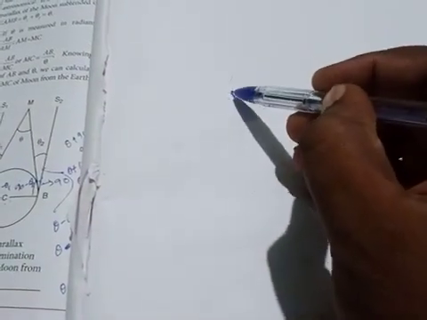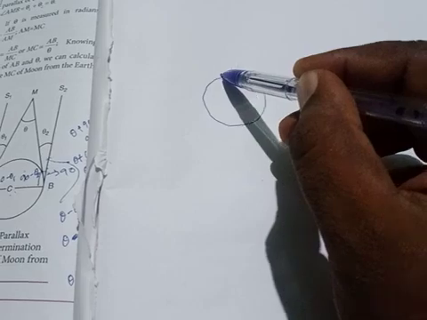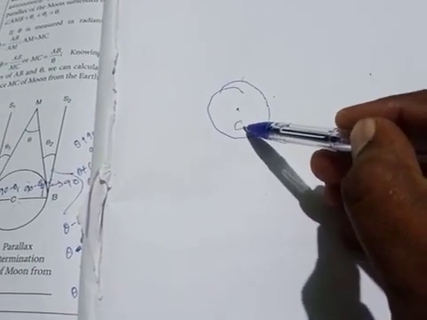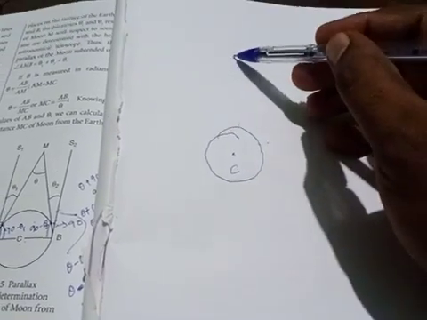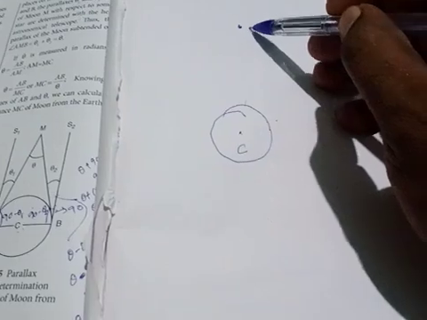Assume that this is the earth, and the center of the earth is C, and this is the position of the moon.